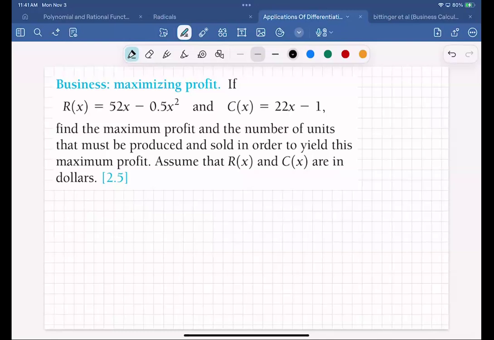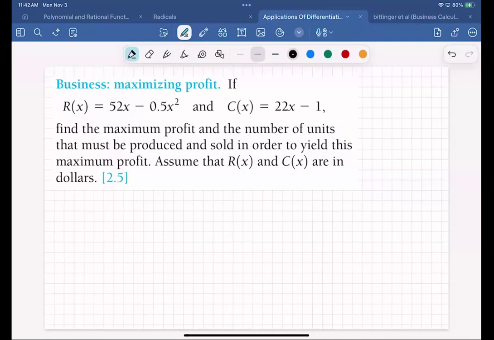This is kind of going back to some of the stuff that we looked at before, right? Hey, we have a revenue function, we have a cost function. We should definitely recognize the R of x and C of x as revenue and cost. And it says find the maximum profit and the number of units that must be produced and sold in order to yield this maximum profit. And just assume we're in dollars as far as the output for revenue and cost.